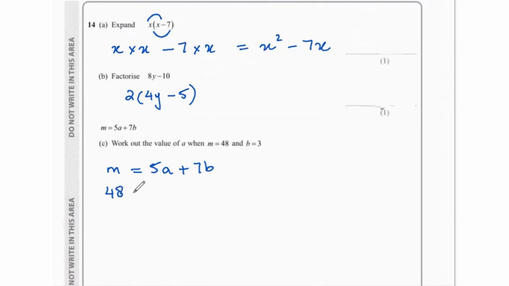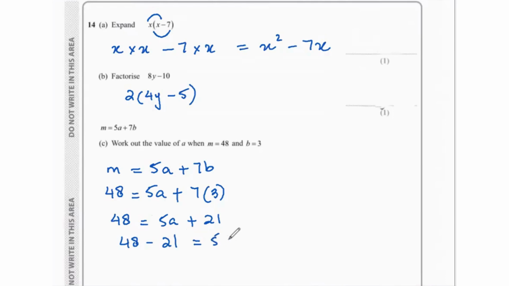So 48 equals to 5a plus 7 times 3. 48 equals to 5a plus 21. 48 minus 21 equals to 5a. That's going to be 27. So a is 27 divided by 5, which is 5.4. That's the value of a.